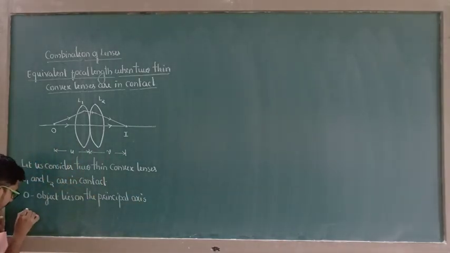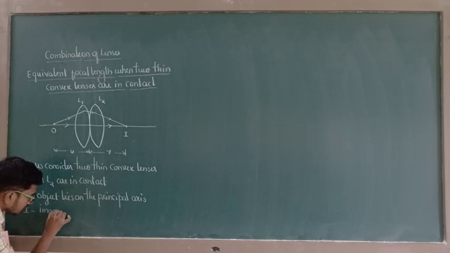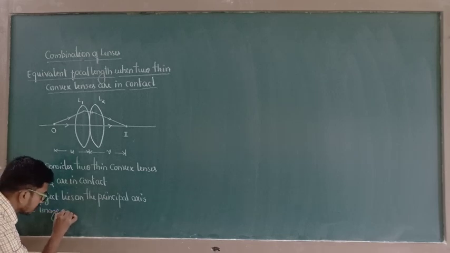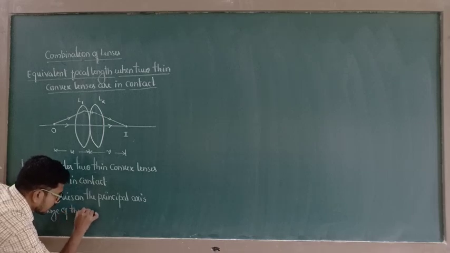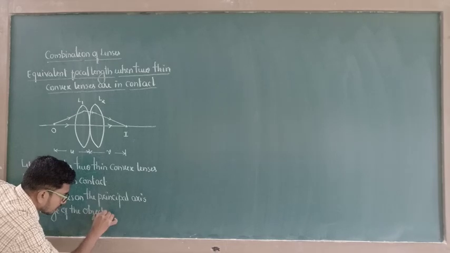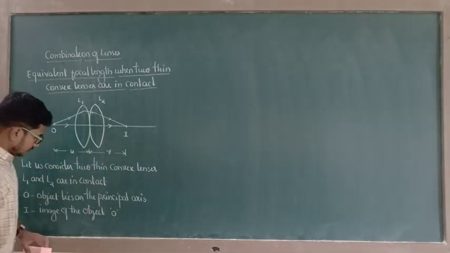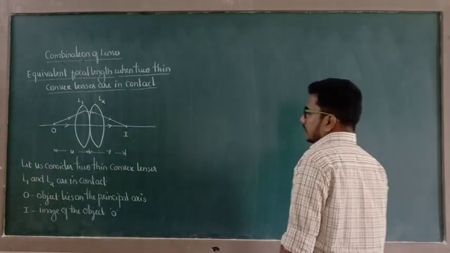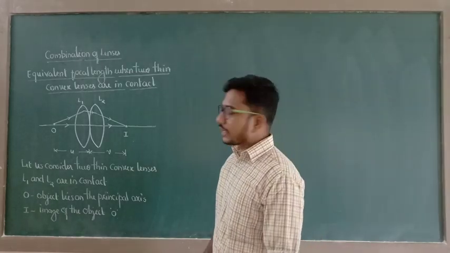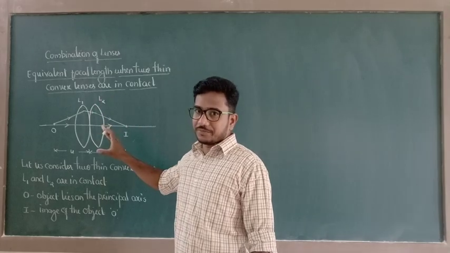I is the image of the object O. Okay. Now individually I am going to consider refraction through L1, refraction through L2.